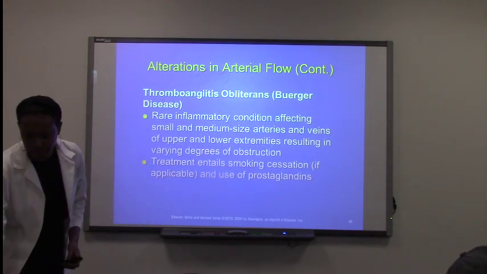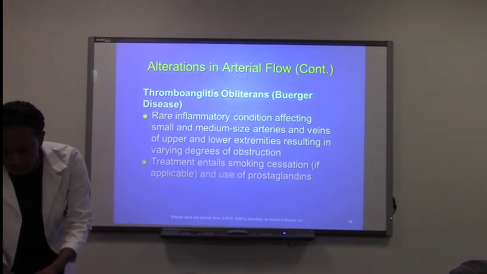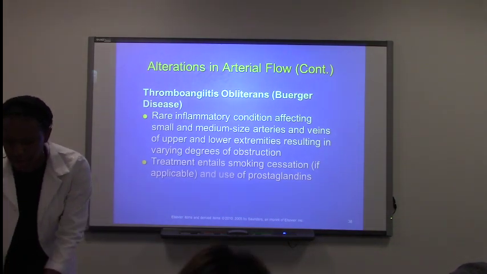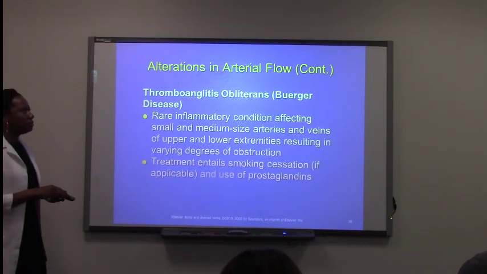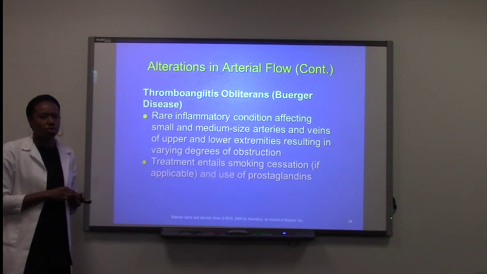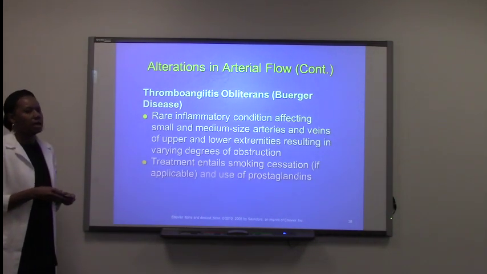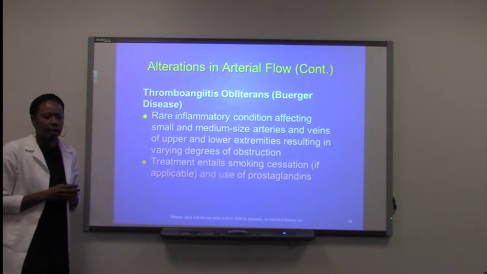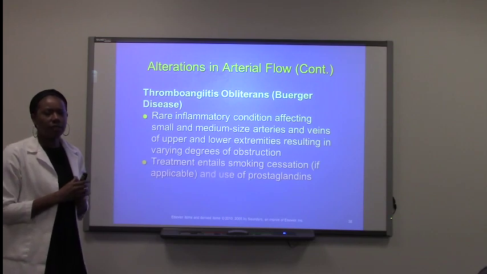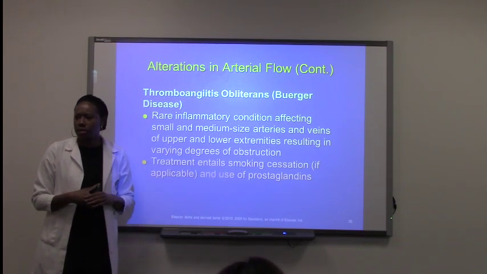Now, we'll get to some of the good stuff. Okay, so the first sort of arterial flow disease here is something called thromboangiitis obliterans, also known as Buerger's disease. Please understand, even though they say this is rare, have you guys ever seen those smoking commercials where they try to scare you half to death with the diseases?